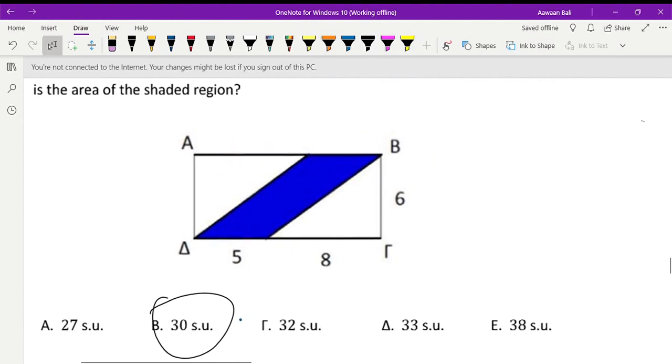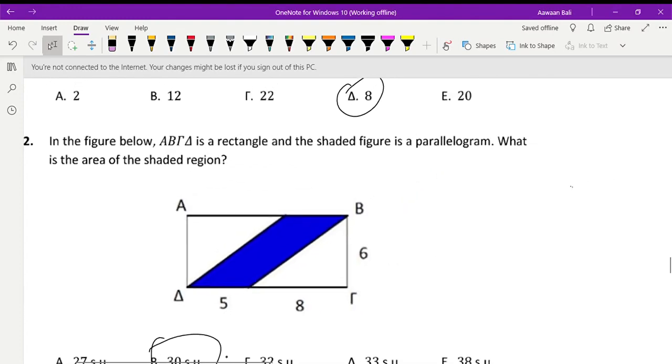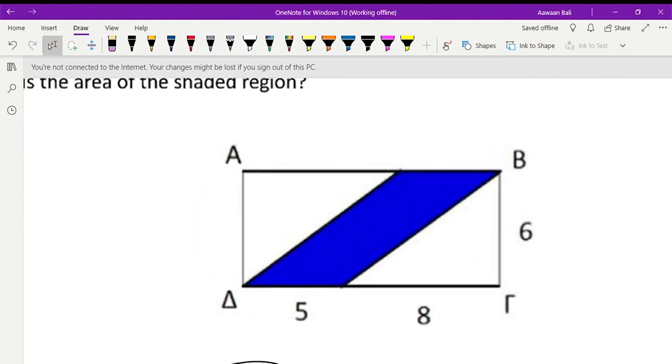Okay, so to find this one, there's multiple ways you can do this. You can find the area of a parallelogram directly, or what you can do is you can find the area of the two triangles, add them together, and minus the sum of those two areas by the area of the whole rectangle.